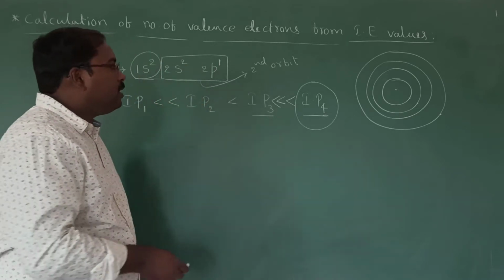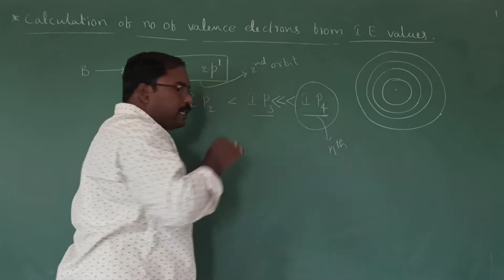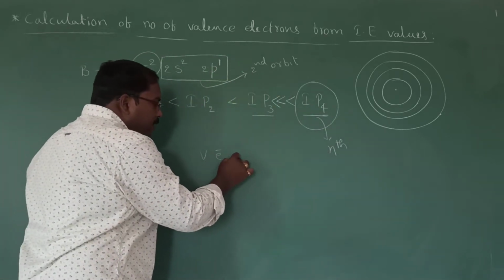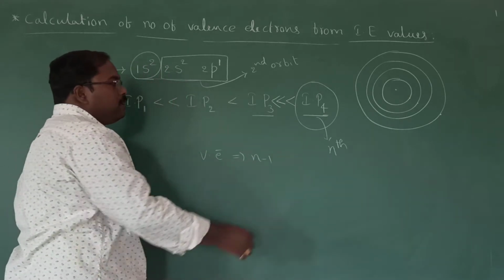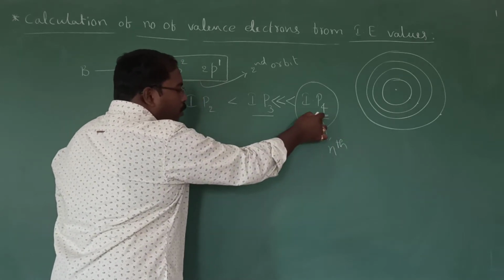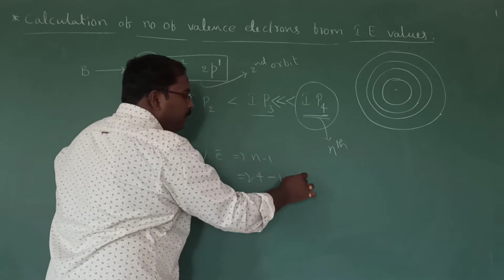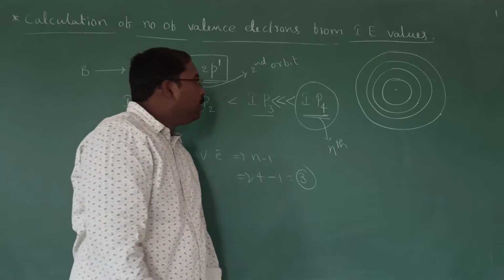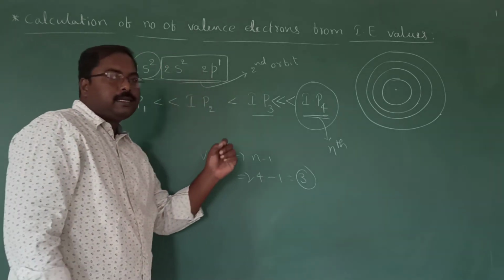The sudden jump is observed at the nth ionization potential value, so the number of valency electrons is n minus 1. The sudden jump we observed in the case of boron was at the 4th ionization potential, so the number of valence electrons is 3. Got it? Okay? So just note down this example. Then at last I will give that point.